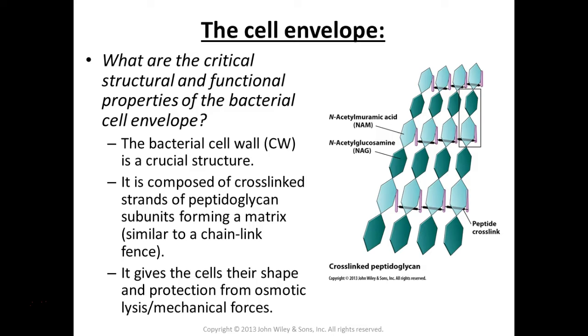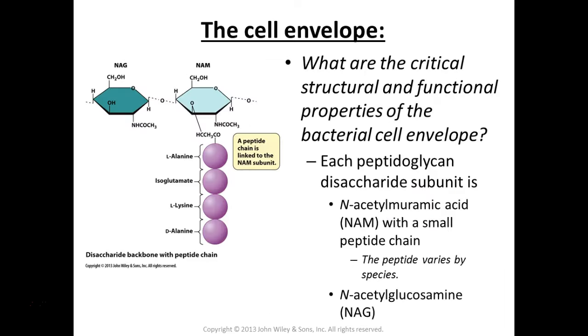Peptido is the name of the bond between amino acids. So are there some amino acids in here? Yep. Glycan refers to sugar. So are there some sugars in here? Yep. So one subunit, and that many subunits get put together to form the wall itself, just like stacking cinder blocks, right?